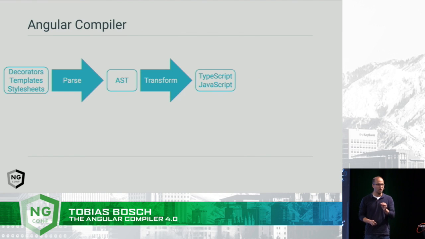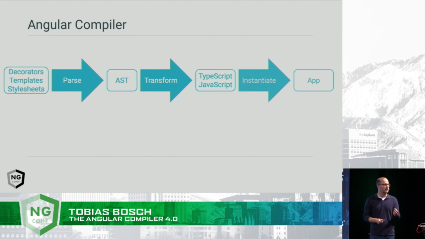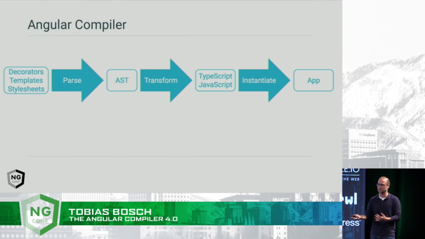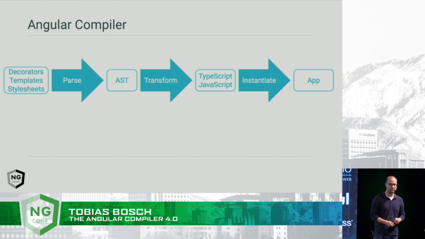And from that tree, it then creates TypeScript code if you use ahead-of-time compilation, or JavaScript code if you use just-in-time compilation. Once we have that code, this code actually instantiates your application later on. It puts everything together, news up your components, and instantiates the templates.